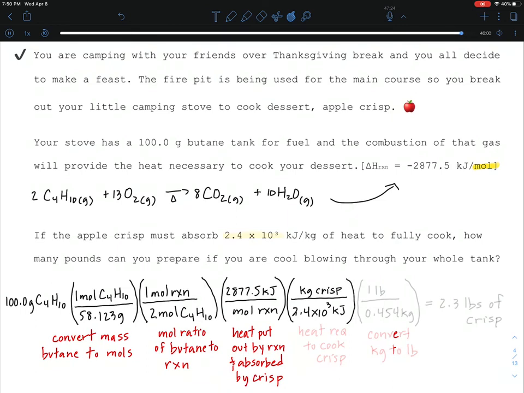Because we started this whole process out with the 100 grams of butane, we are going to blow through the whole tank and see how much crisp we can make. So here is the heat required to cook the food.